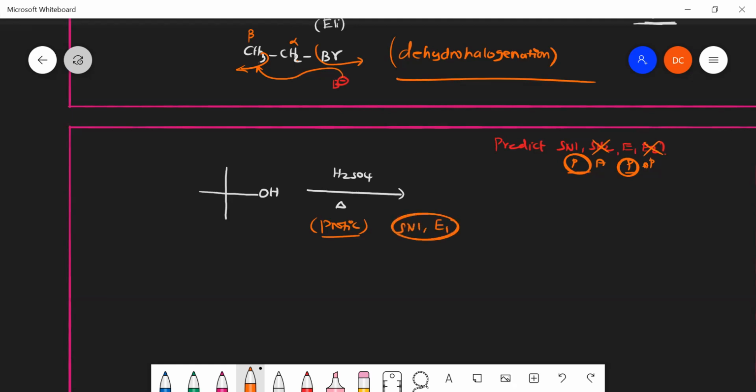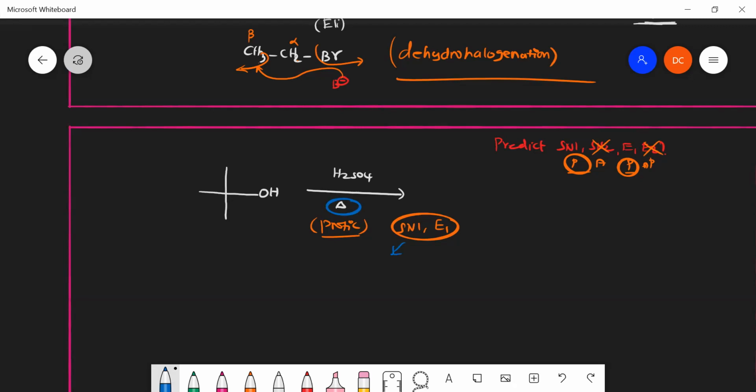Another important clue to find out the reaction, what is that? It's an important difference between the SN1 and E1 reactions. The important difference is heat.